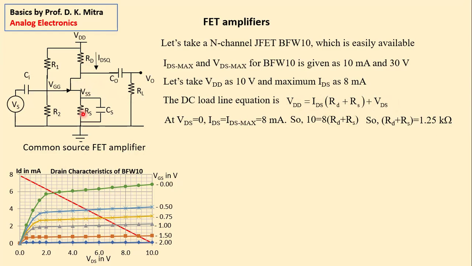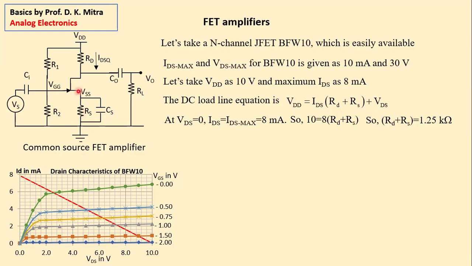Now you remember I suggested in the BJT amplifier design that the ratio of these two should be around 1:5. This is a thumb rule. And I also explained in various places why this ratio is good.